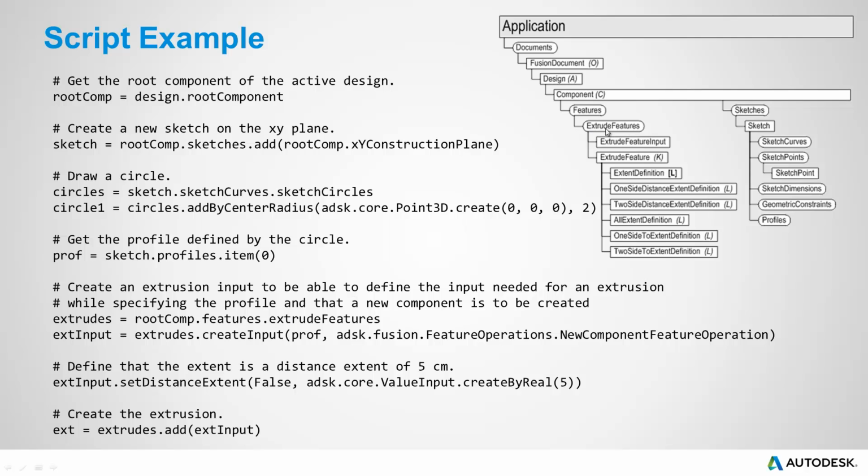I call a method on the extrude features object called create input, and I pass in the profile. The second argument is what kind of operation I want this to be. Do I want to create a new component or a new body, or do I want to add material to an existing body? So this creates an input.